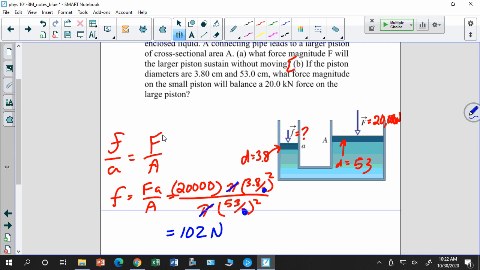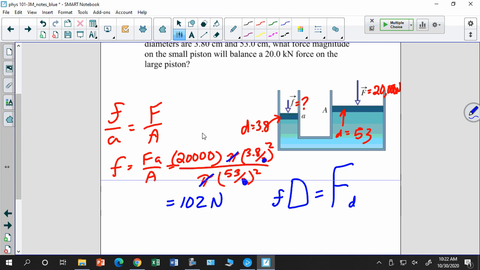So on this side, I have a really small force with a really big displacement. And on the other side, I get a really big force with just a really small displacement. Remember, force times displacement is our work, right? So I have the same amount of work being done on either side. I'm applying a small force over a big displacement, and I'm getting a big force over a small displacement. So work is still conserved, energy is still conserved.